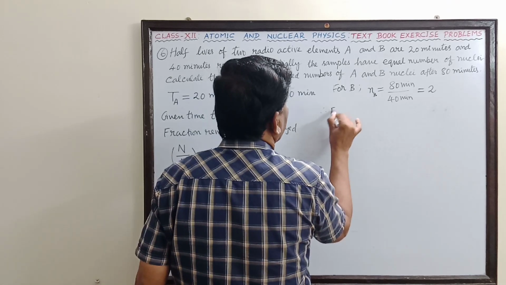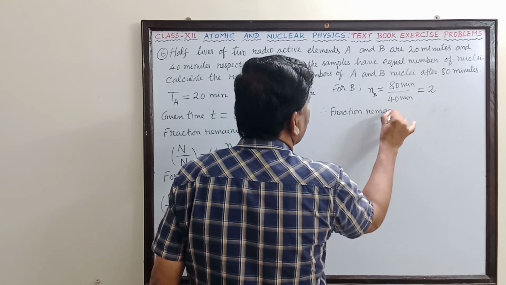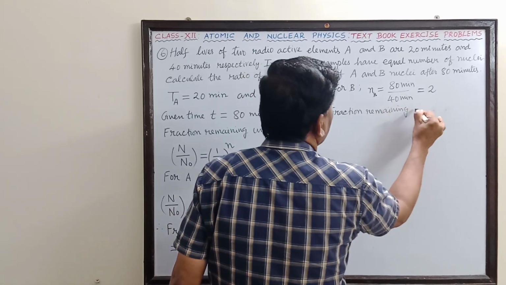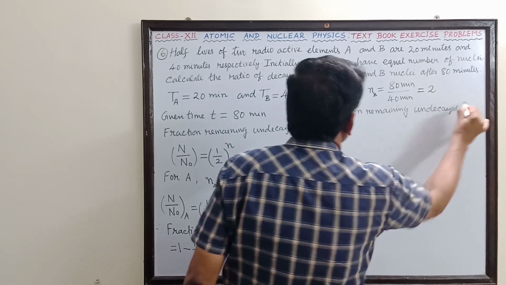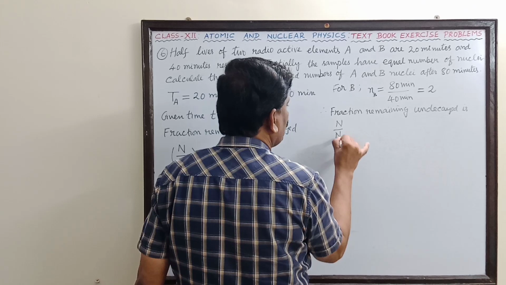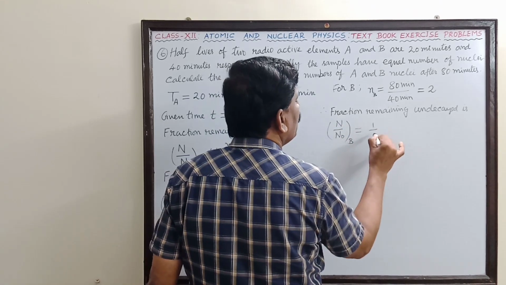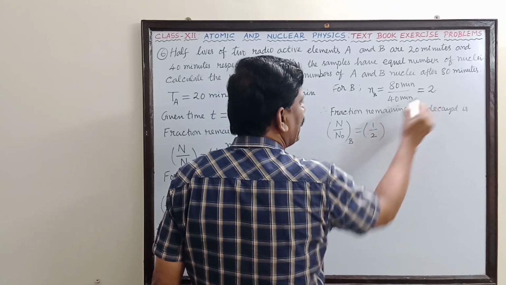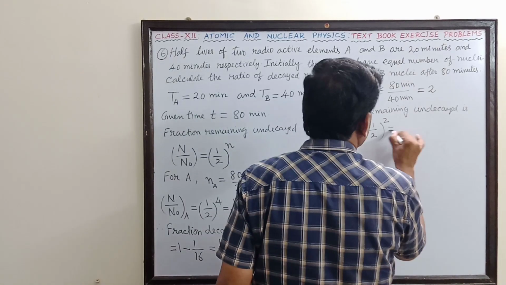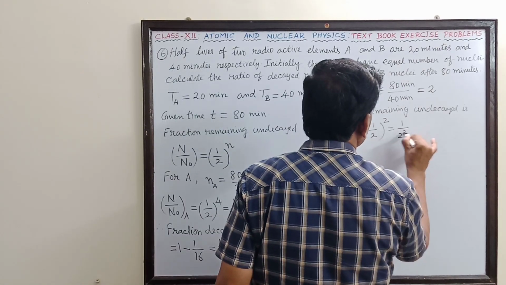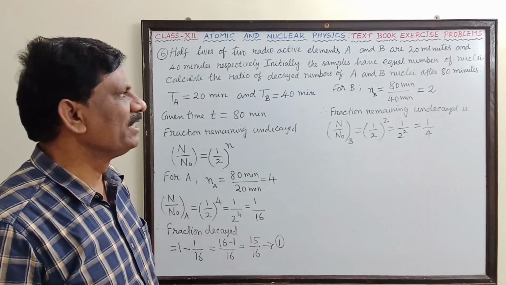Therefore, the fraction remaining undecayed is N by N naught. This is for the element B. So this is equal to (1/2) power n. In place of n I will substitute 2. So this is equal to 1 by 2 squared, that is equal to 1 by 4. So this is the fraction remaining undecayed.